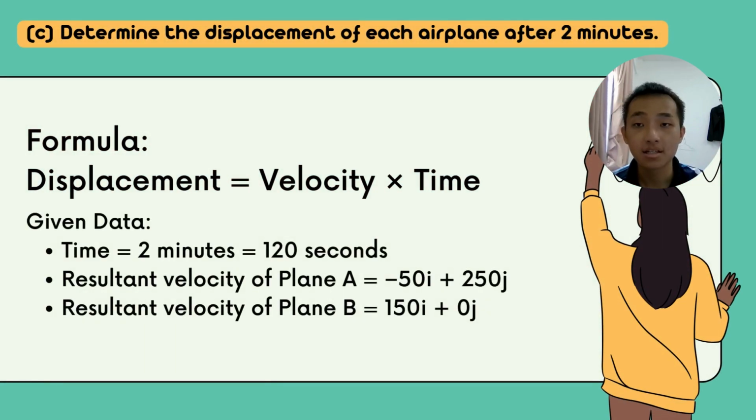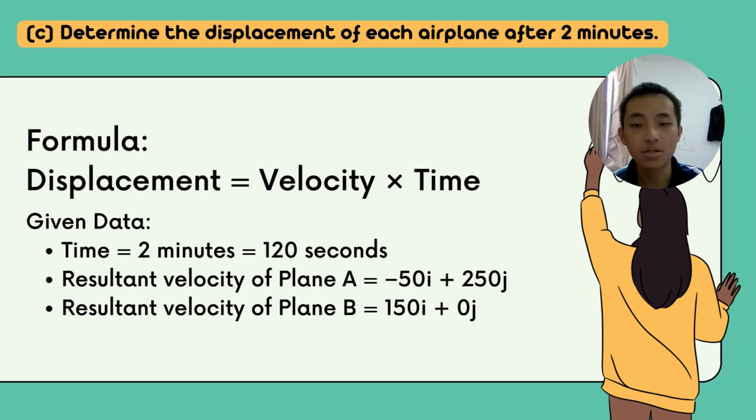Question C. Determine the displacement of each airplane after 2 minutes. So we know that the formula of displacement is equal to velocity times time. It's given that time is 2 minutes, which is equal to 120 seconds.